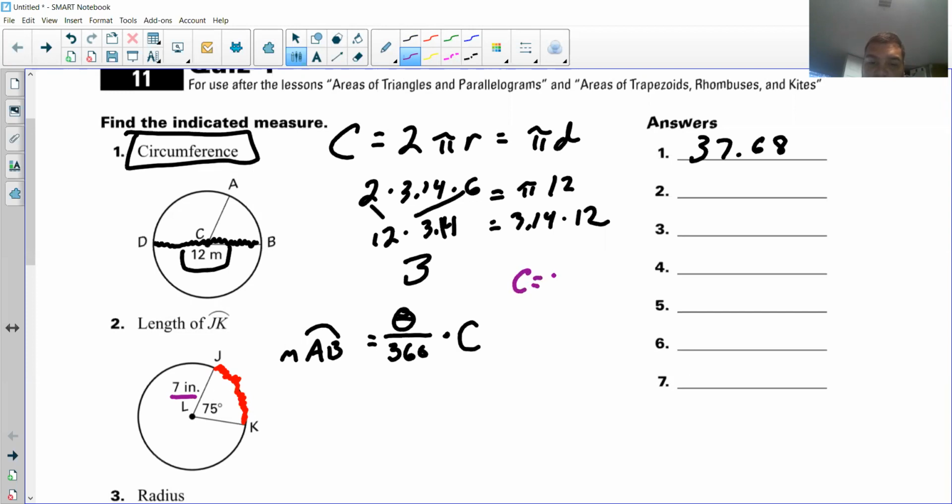So we're going to have to take a little detour and find the circumference. So the circumference equals 2 pi r. So the circumference equals 2 times 3.14 times 7. So the circumference is 14 times 3.14, 43.96.